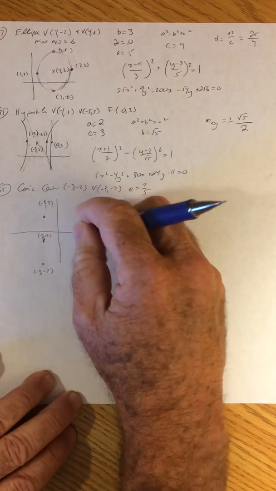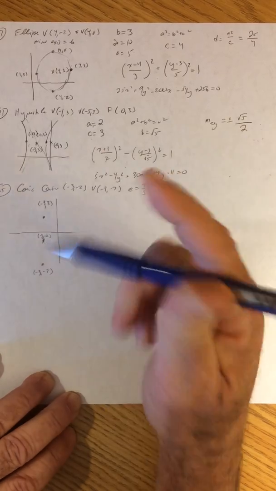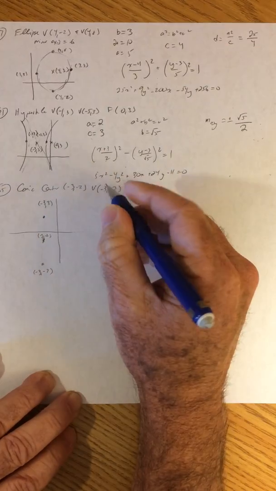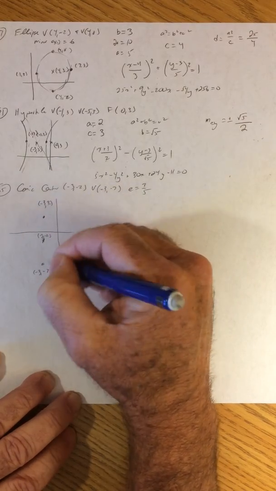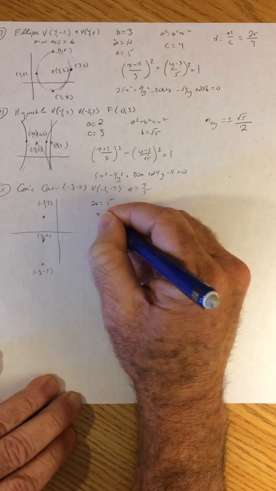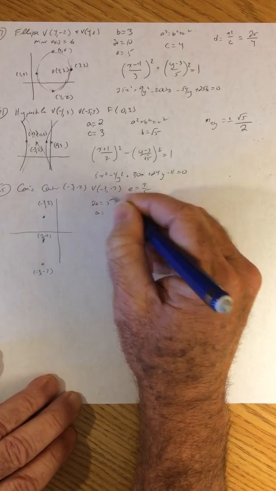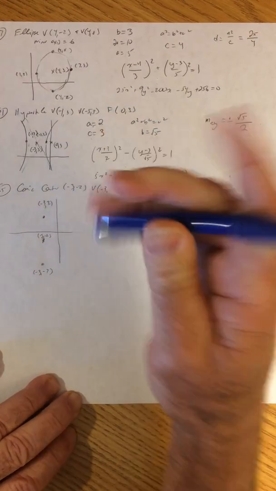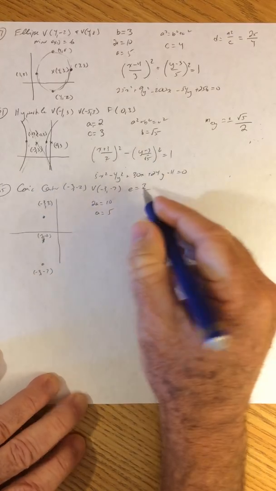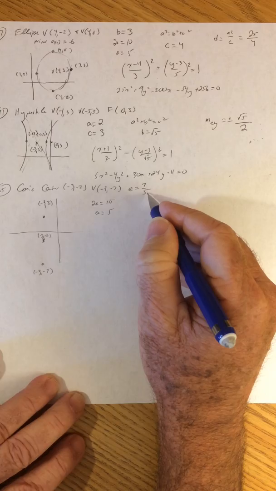The easier of the two to deal with is the one where the major axis is in this direction. Okay, so we'll say the distance between here and here is 10. So 2a is 10, A is 5. Okay, the eccentricity is given as 3/5.